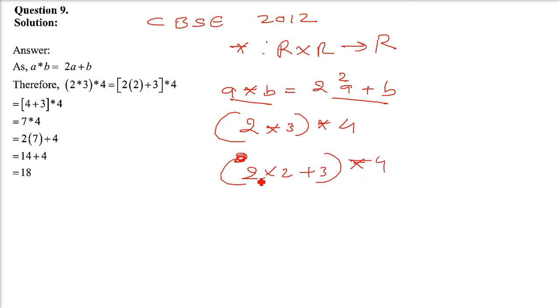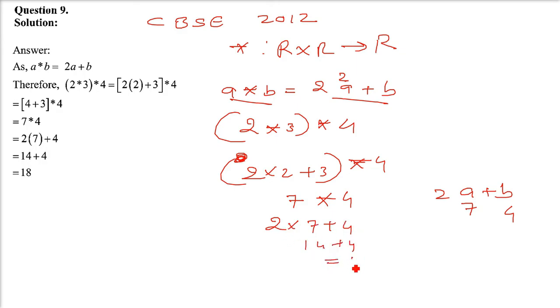So 4 plus 3 is 7. So 7 star 4 you have to do. That is, you have to reapply 2a plus b again. So 7 operation 4. Now in the place of a you take 7, and in the place of b you take 4. So 2 into 7 is 14, 14 plus 4 is 18. This is your final answer.